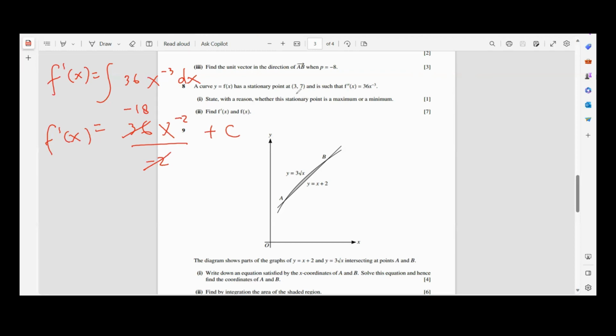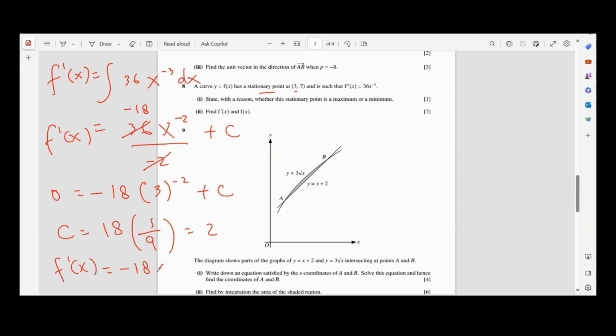And then it says the stationary point, so the gradient is 0, equals negative 18 times 3 to the power negative 2, plus c. So we find c: this moves over and becomes positive, so 18 times 1 over 9, which is 2. So the first derivative will become negative 18x to the power negative 2 plus 2.